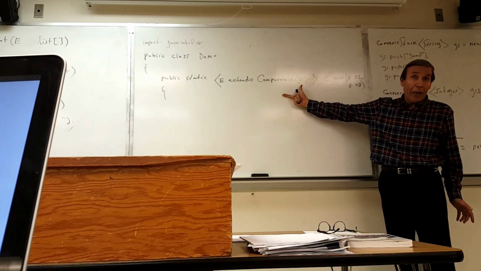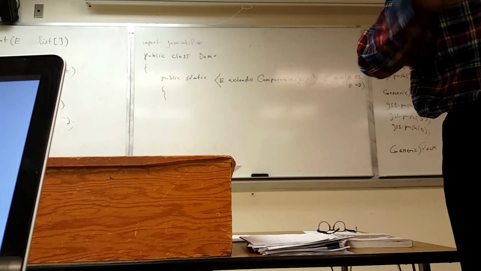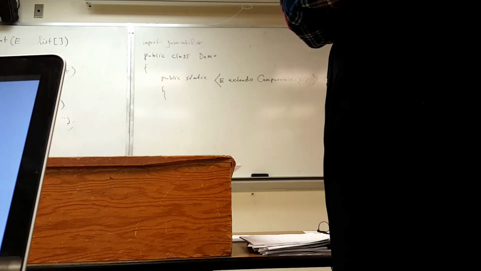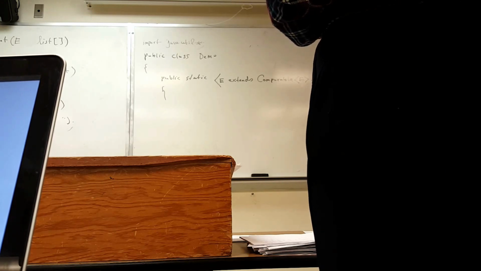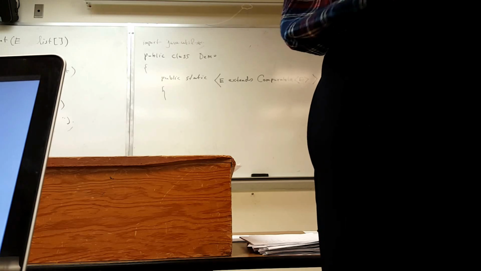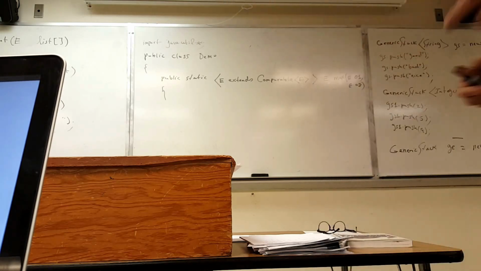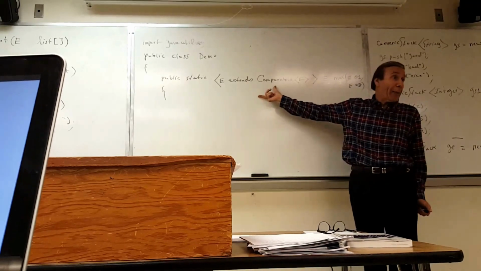Otherwise, it's not going to be acceptable, okay? Because we are comparing item against item, right? How can I compare Mercedes against BMW, right? How can I compare Apple against Orange, right? So whatever Comparable dictates should be acceptable.